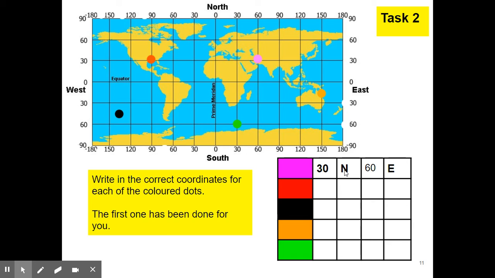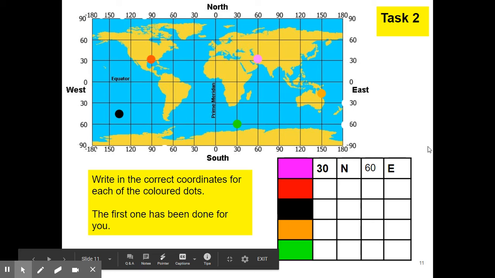So to do the coordinate, I have said that the dot is at 30 degrees to the north, and it is 60 degrees to the east. So 30 degrees north, 60 degrees east. So let's see if you can do the rest of those and fill them in on the table on your slides.